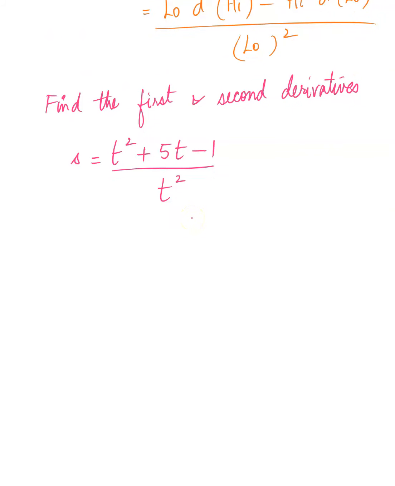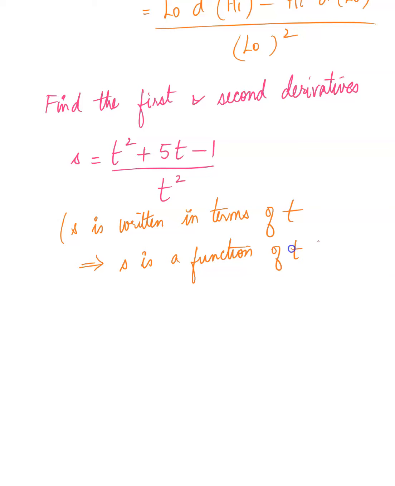S is written in terms of t, right? Let's make a quick observation there. S is written in terms of t, which implies s is a function of t. Keeping this in mind, we know that we have to derive s with respect to t.